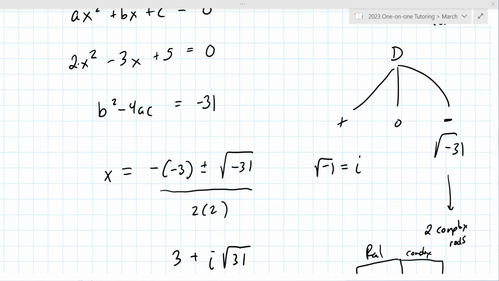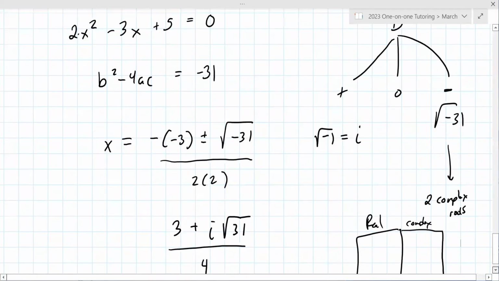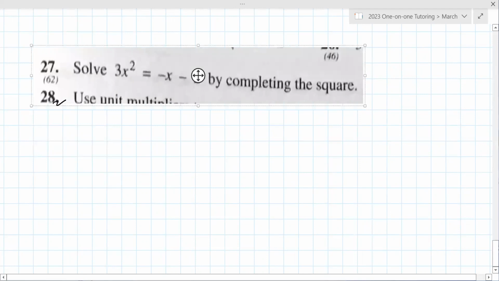So let's look at 27, if you're okay with us moving, because it's kind of related. Okay, we're not going to complete the square, or we can, but let's first look at the discriminant by doing the same thing we've been doing. So again, you want to move everything to one side.